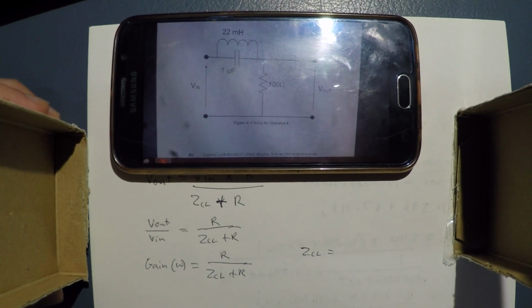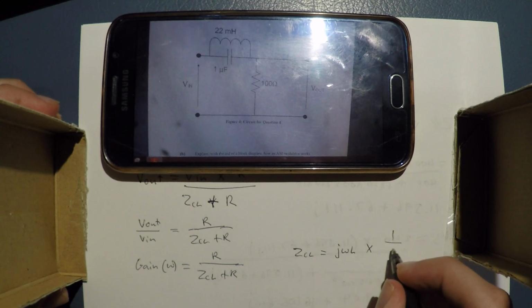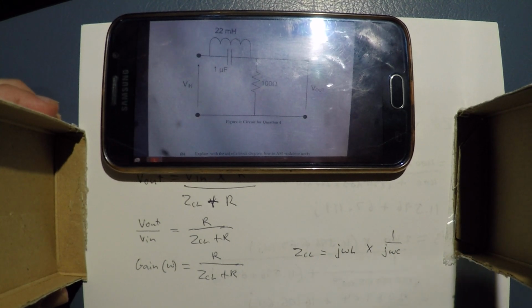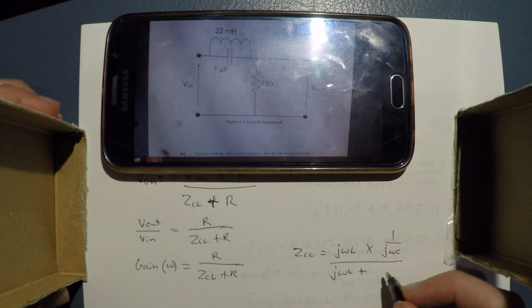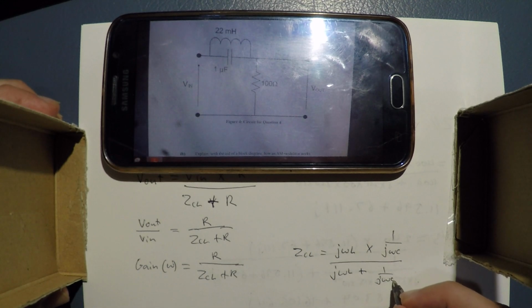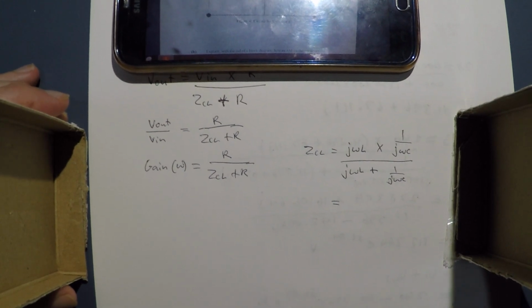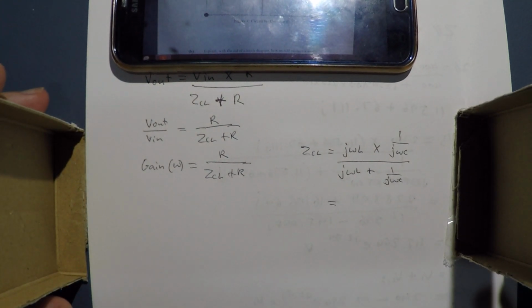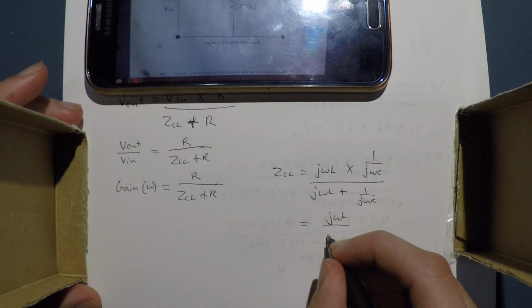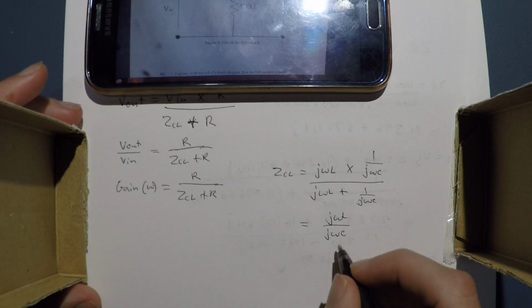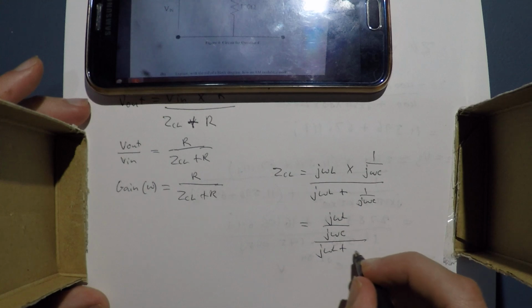So it's J omega L for the inductor multiplied by 1 over J omega C, and that's over J omega L plus 1 over J omega C, and then that becomes J omega L on J omega C, just over the same thing.